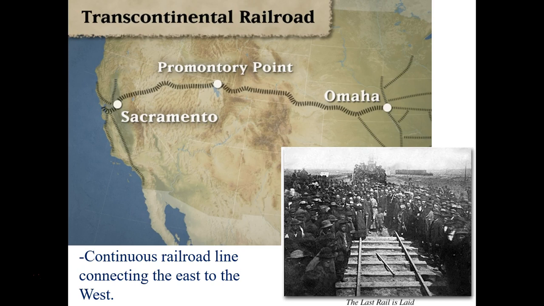And then, as we've already talked about, the Transcontinental Railroad. So the Transcontinental Railroad, as the name hints at, was a railroad that spanned the continent of North America. So the Transcontinental Railroad connected the east to the west.